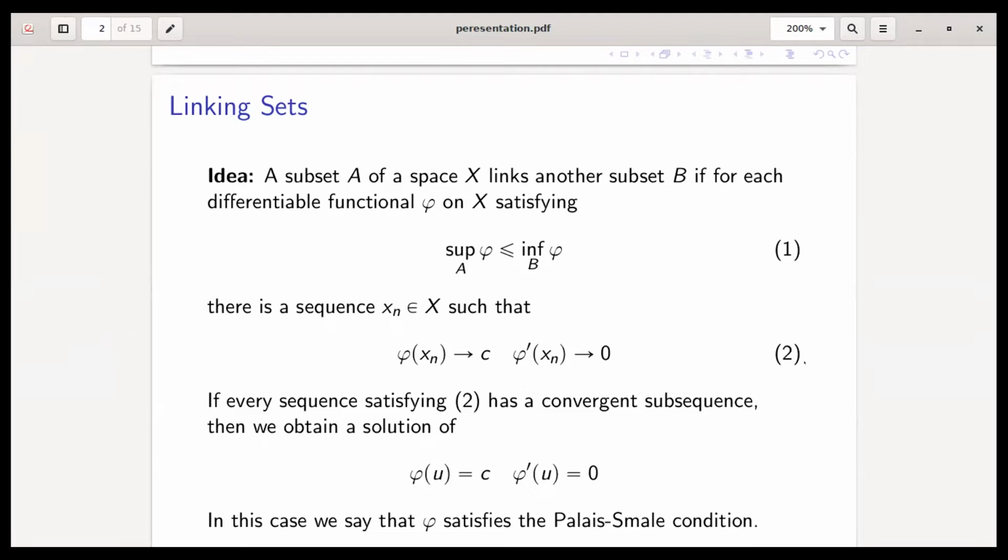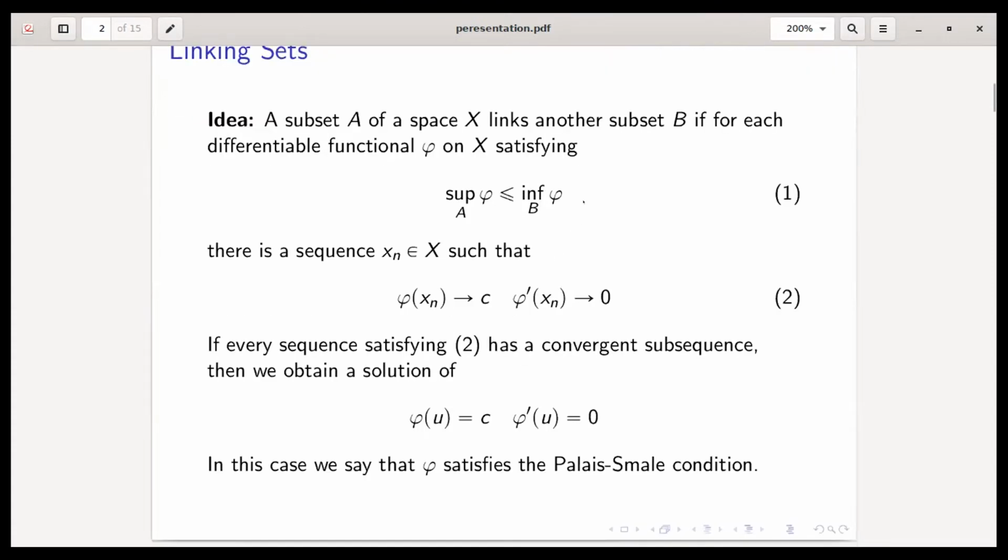The idea is, if A and B are two subsets of a space X, then we say A links B if for each differentiable functional phi over X that satisfies the inequality 1, there is a sequence x_n in X such that phi of x_n approaches a constant and phi prime of x_n approaches 0.